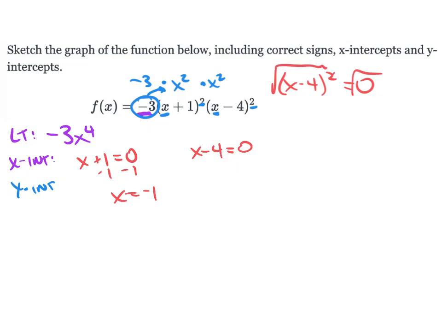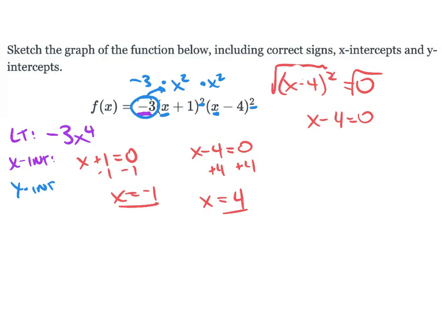The square root cancels out the square, so you're just left with x minus 4. If you see the square inside the parentheses, that changes everything, and you'll have something different. But I looked on Delta Math and I didn't see the square inside the parentheses, so I'm just going to go on with this. So we get x equals 4. Those are my 2 roots, my 2 x-intercepts, my 2 zeros.